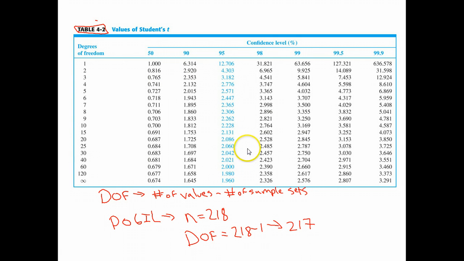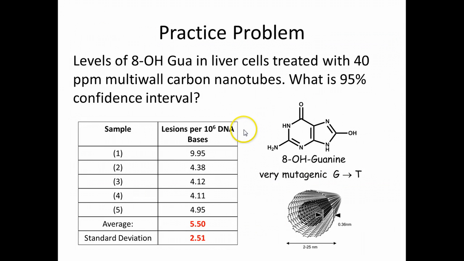I'm going to go through a quick example of a calculation for that. This is actually some real data from research I did with a group at the National Institute of Standards and Technology. We were trying to measure the formation of this biomarker, 8-hydroxyguanine.